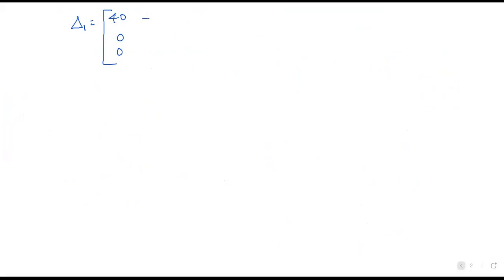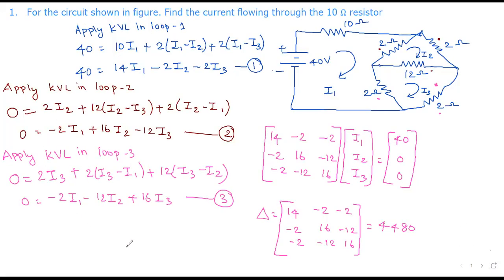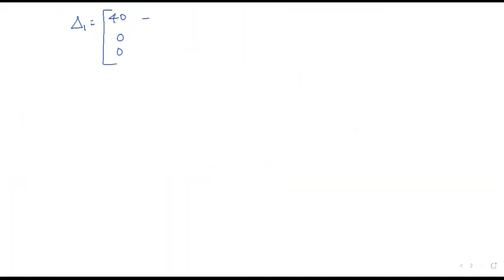Okay, actually, there is a mistake. For this del, we use a calculator. Your del value is 1344. Now del 1 is 40, minus 2, 16, minus 12, minus 2, minus 12, 16, so your del 1 will be 4480.